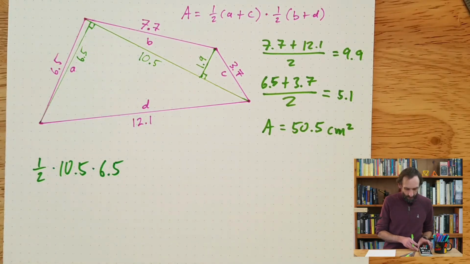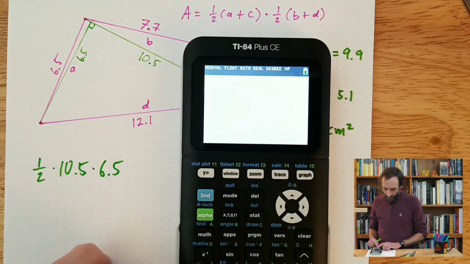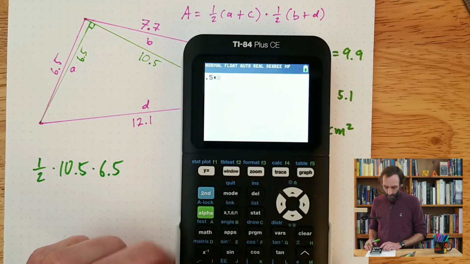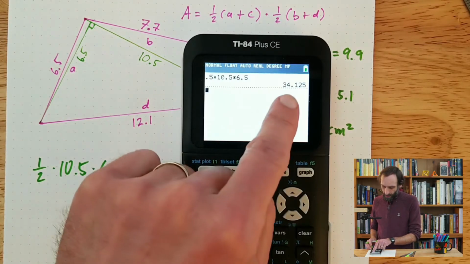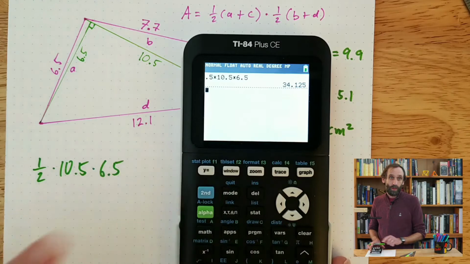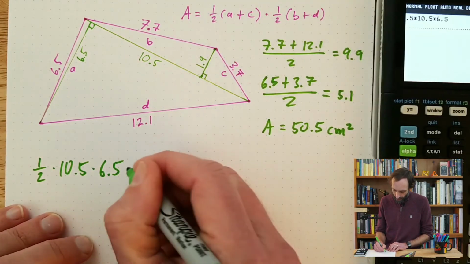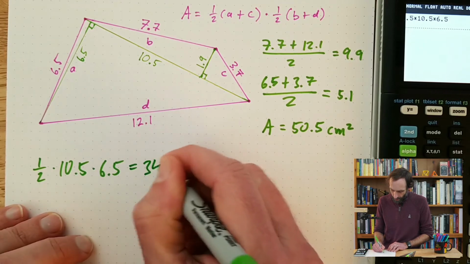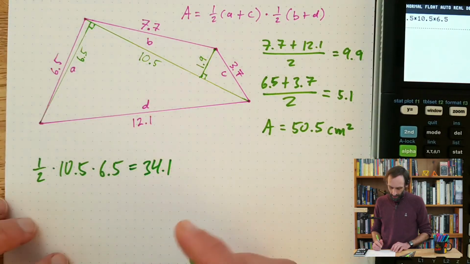And if I plug that in my calculator, 0.5 times 10.5 times 6.5, I get 34.1 if I round to the nearest square centimeter. Let's write that here. 34.1.